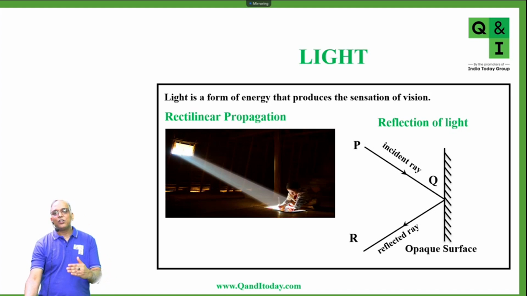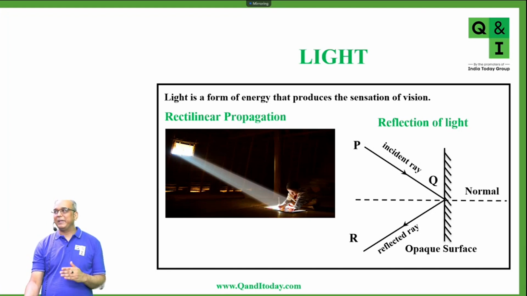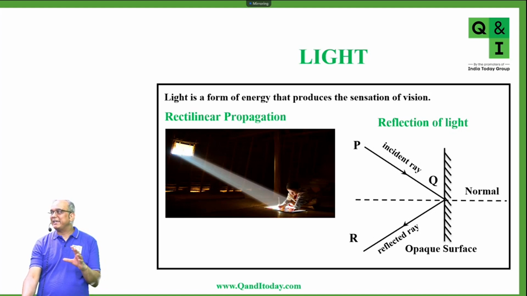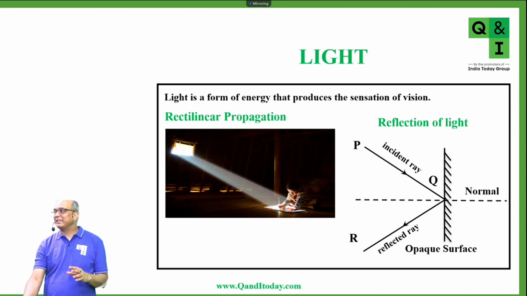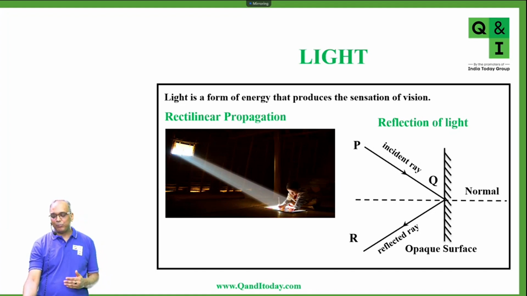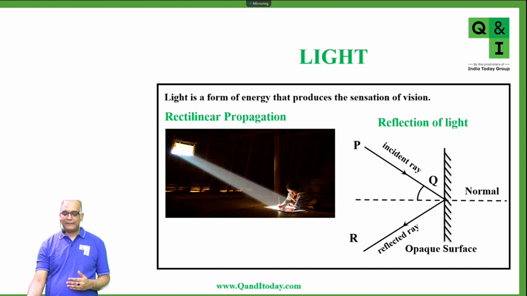At the point of incidence, the line which is perpendicular to this opaque surface is called the normal to that surface, right? So these are basic concepts which you need to understand. Okay. So incident ray, reflected ray, normal to the mirror or opaque surface, and the point of incidence.